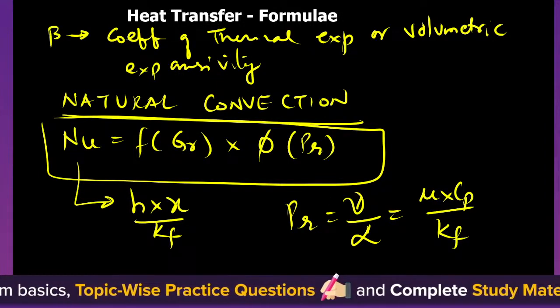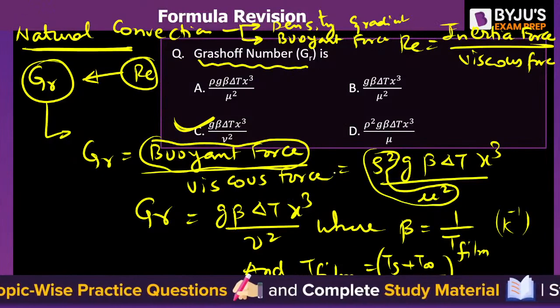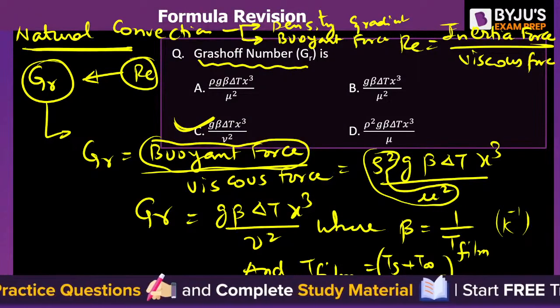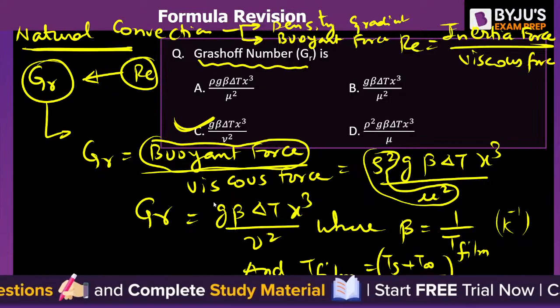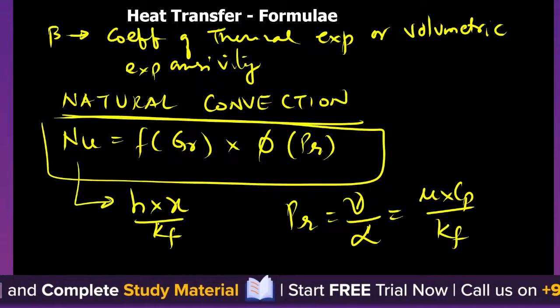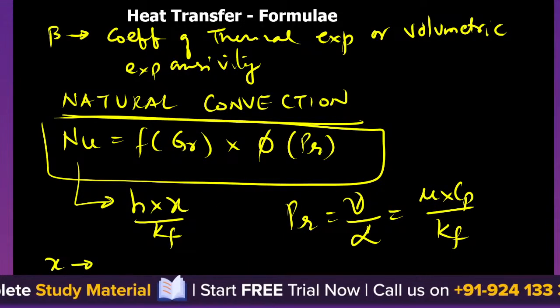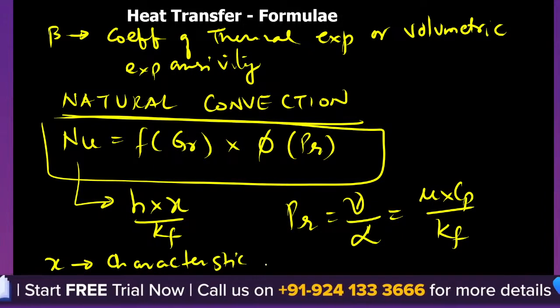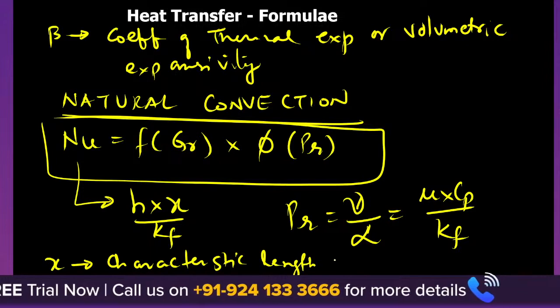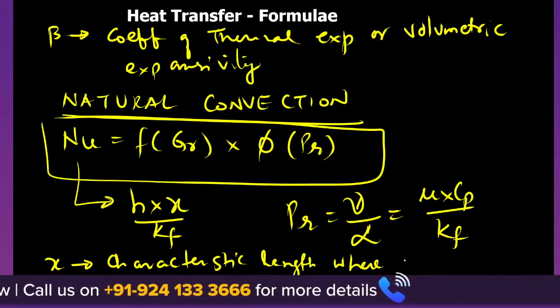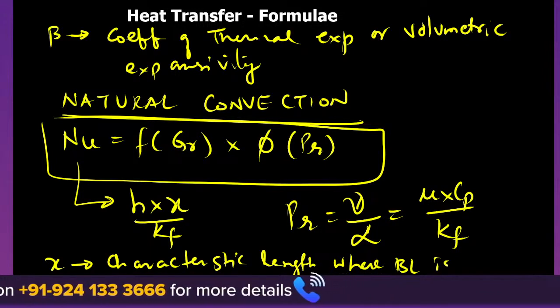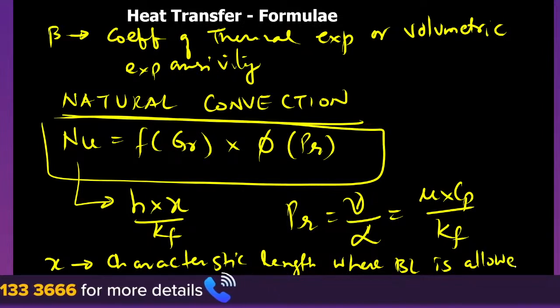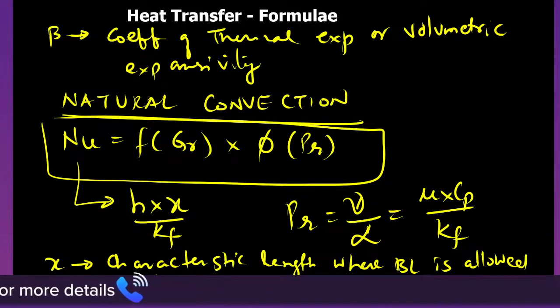What is x? X is the characteristic length, the length where the boundary layer is allowed to grow in case of natural convection.